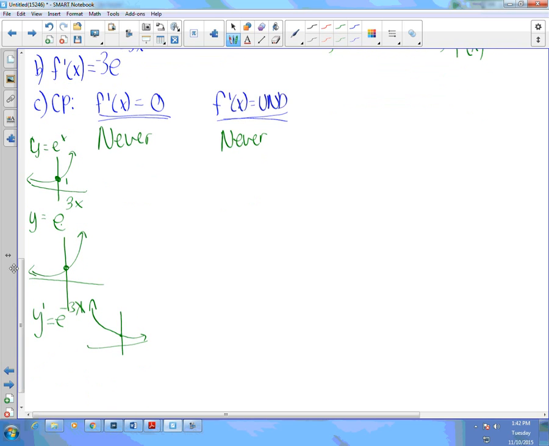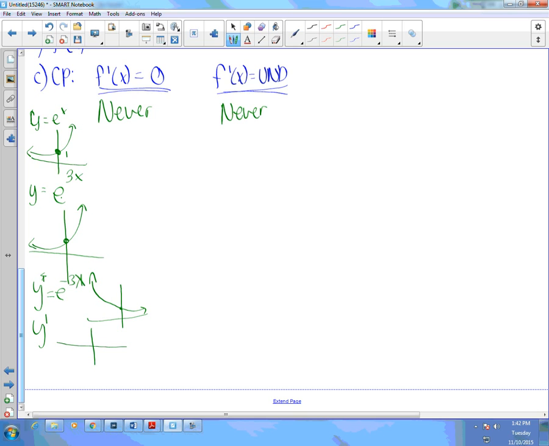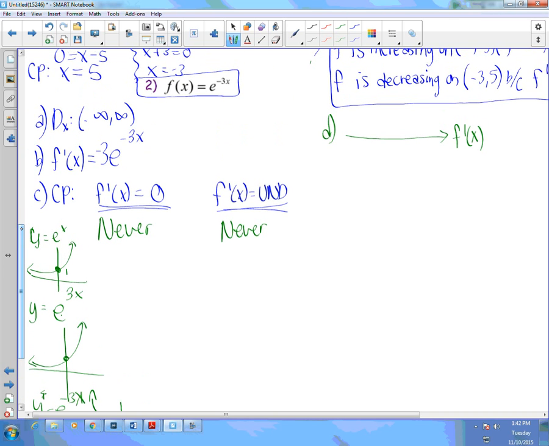So this is our everything's positive, everything's above. Well, actually, no, this is the original. This is the original, right? So the derivative, though, has a negative 3. So the negative 3, all it does is flip it. So it's all negative because we have a vertical flip right there, negative 3. So it's all negative.